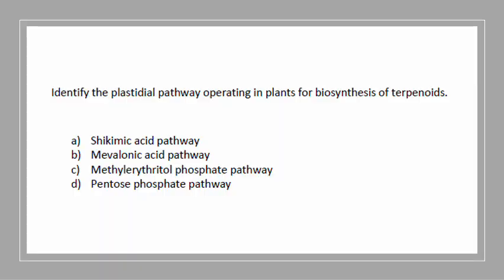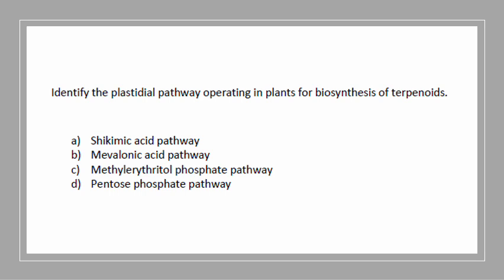The next question is, identify the plastidial pathway operating in plants for biosynthesis of terpenoids. By plastidial, what we mean is the one that is happening in plastids. Four options are given here: shikimic acid pathway, mevalonic acid pathway, methyl erythritol phosphate pathway, and pentose phosphate pathway.